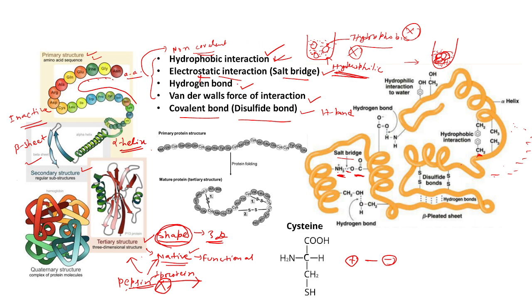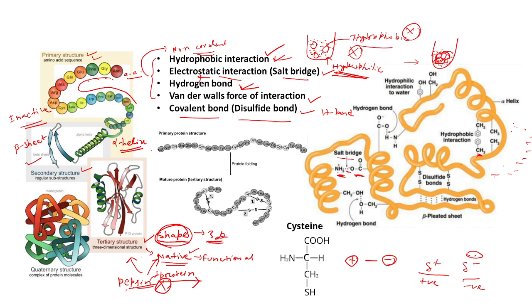The third one is the hydrogen bond. Simply, the hydrogen bond is formed by a delta plus and delta minus, the partial positive and the partial negative. The partial negative is the molecule which has a lone pair, the electronegative one.